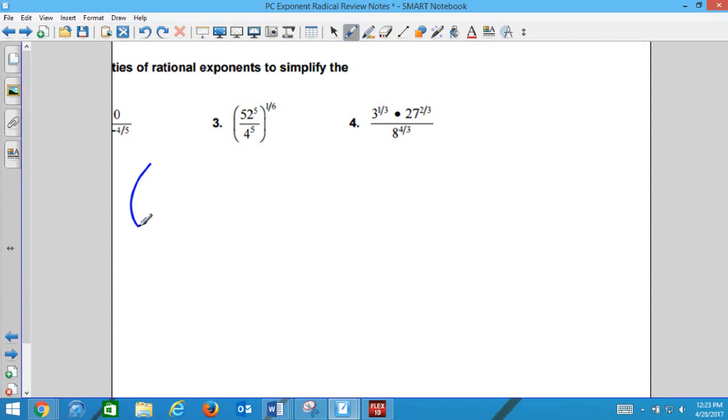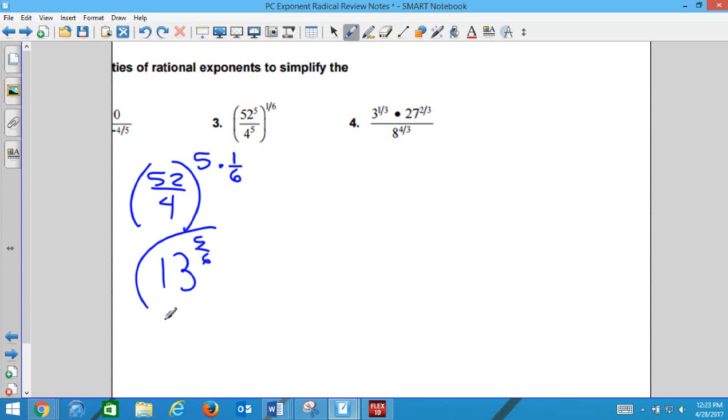So I'm going to rewrite this as 52 fourths to the 5th power, but then there's already a 1/6 power out there, so I have to multiply them because it's a power of a power. And then I can divide 52 over 4. 13 to the 5 over 6. And that's it. There's nothing else we could do with that.